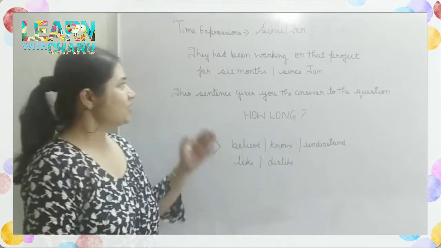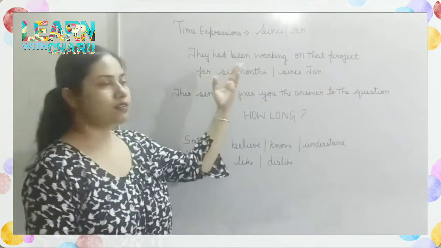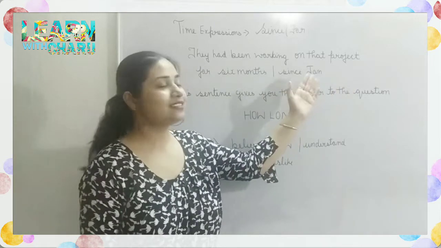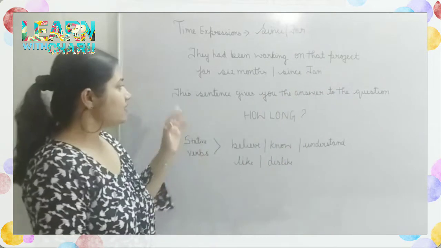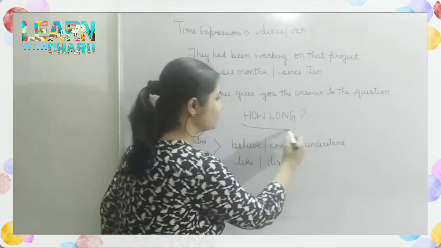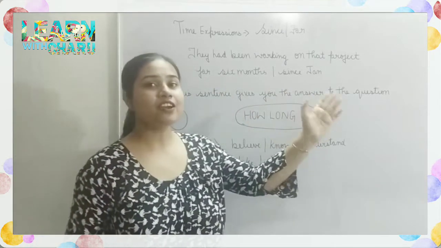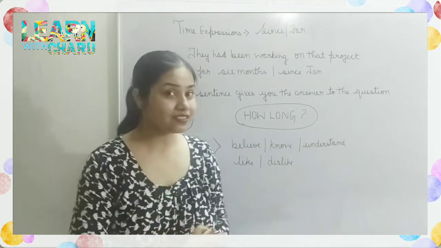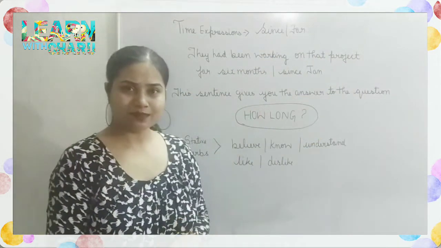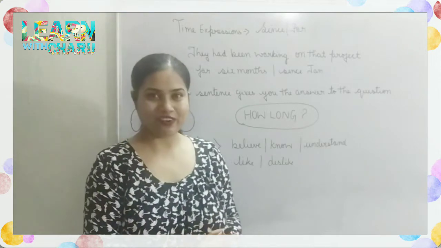So, look at the sentence. They had been working on that project for 6 months. Or we can say they had been working on that project since January. Now, this sentence gives you the answer to the question, how long? For example, how long had they been working on that project? They had been working on that project for 6 months, or since January.